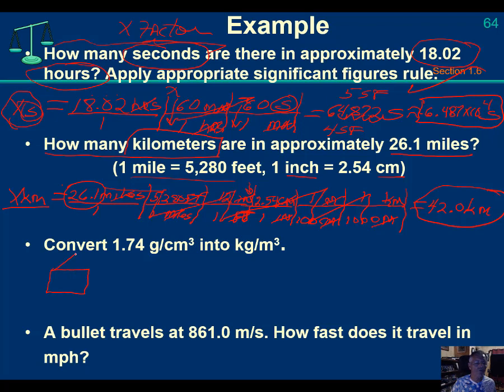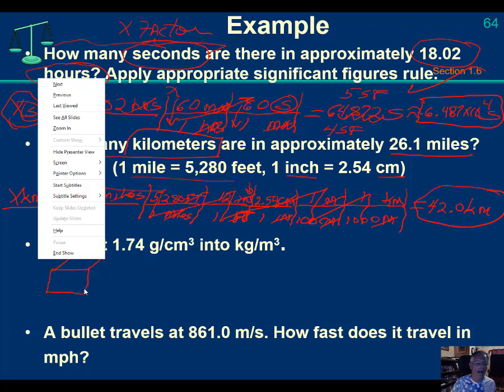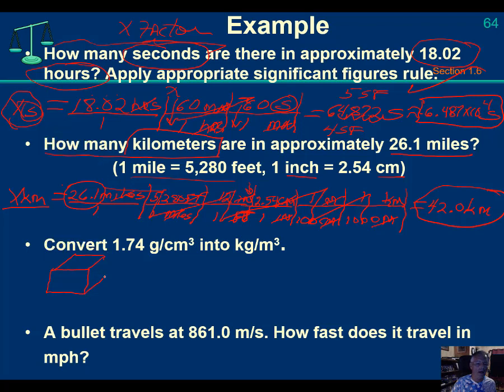All right, so I'm drawing a cube here, and I know this is not to scale, but we're going to say that this is a 1 meter length.